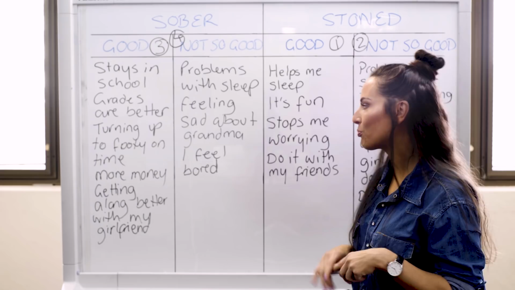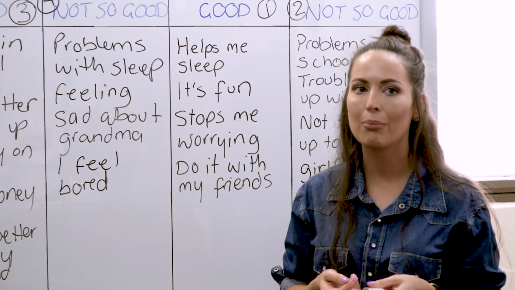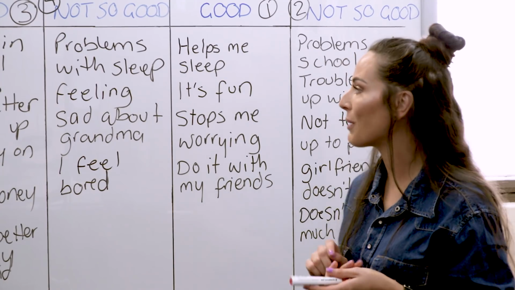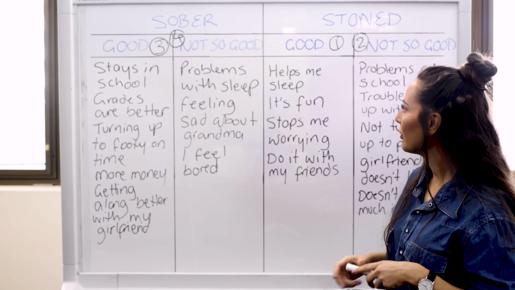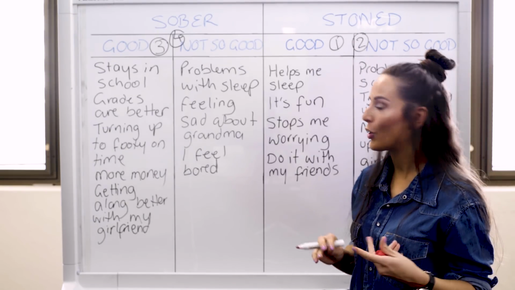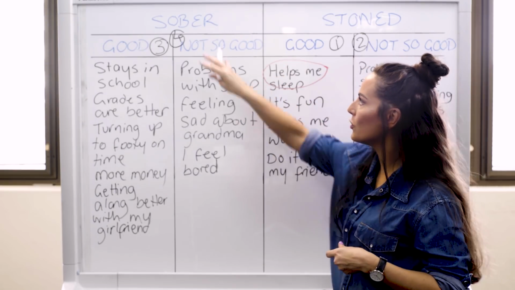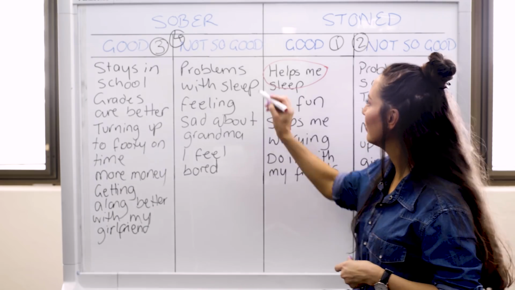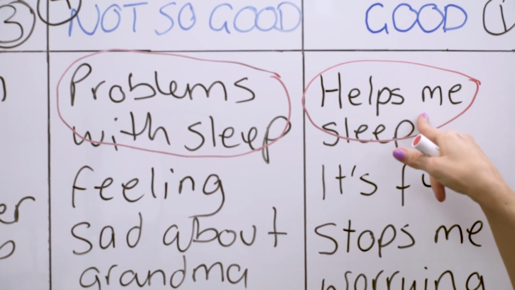And I also like to prompt them and see if they notice any of the columns matching up, or see how some of the columns might be opposites of each other. So in our example here, you can see that for the good things that Robbie finds about being stoned, they match up exactly with the not so good things about being sober. So over here, he's reporting that it helps him sleep.